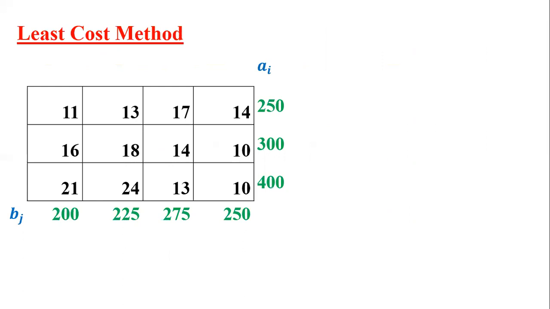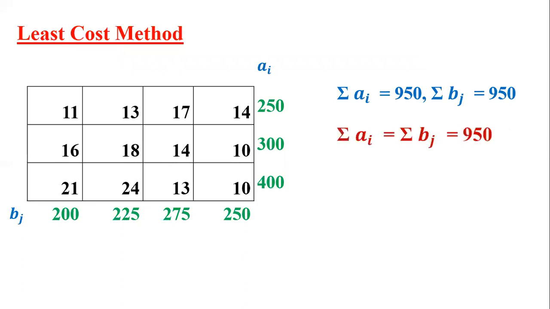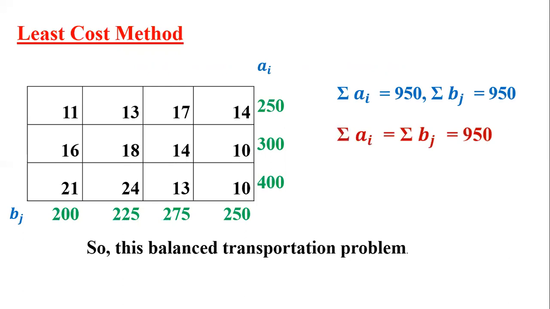The ai total is 250 plus 300 plus 400, so 950. And the bj total is 200 plus 225 plus 275 plus 250, equal to 950. So it satisfies the condition, sum of ai equal to sum of bj. So this is a balanced transportation problem, the most important condition for the transportation problem.